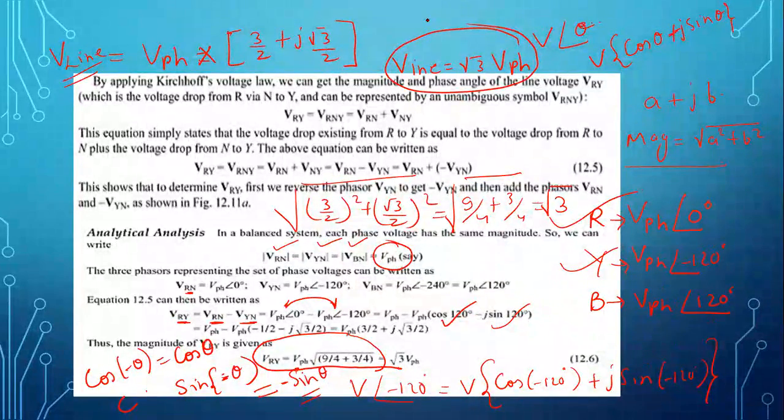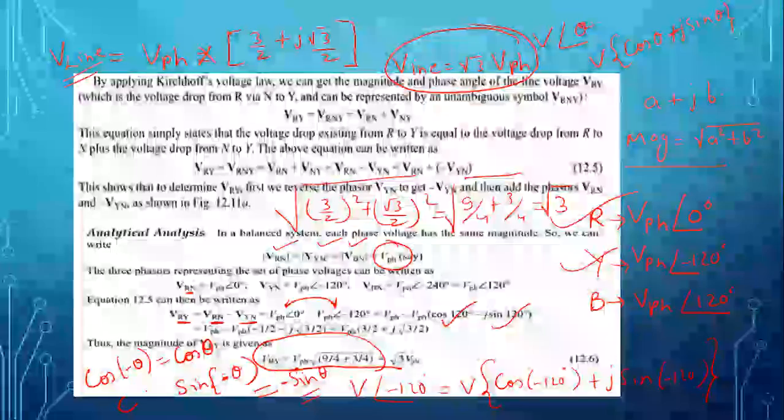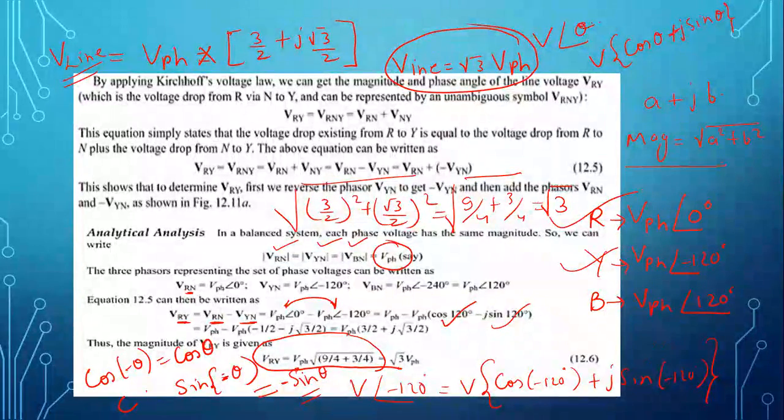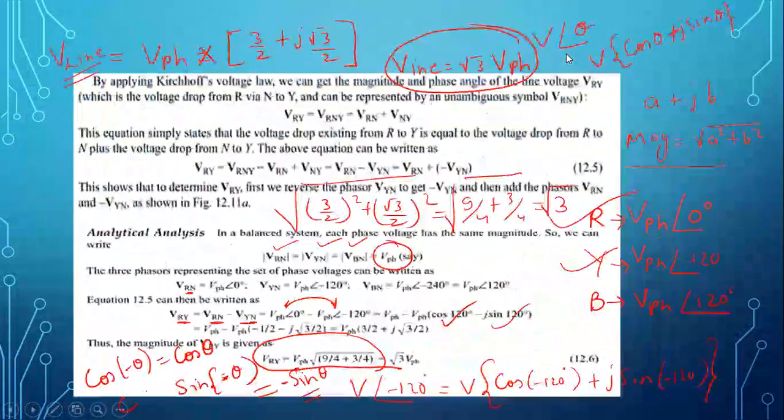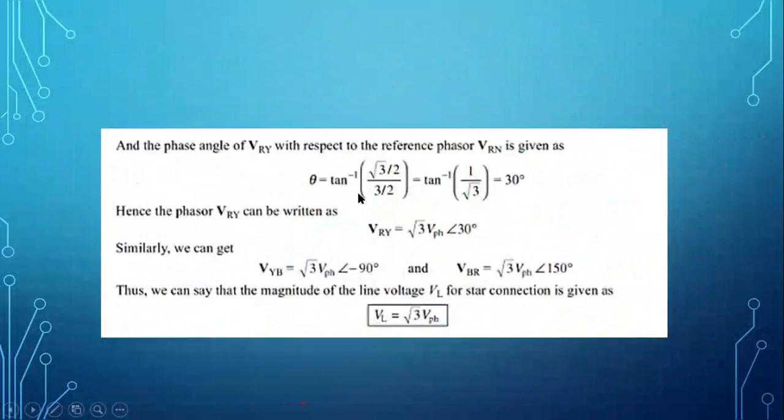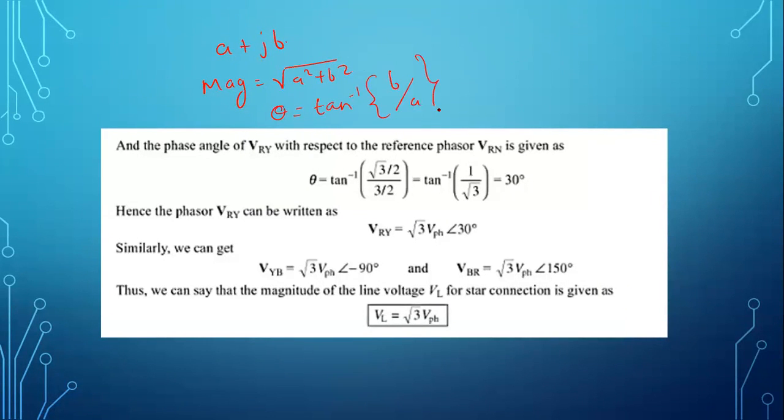So this was this part. Also you can remember this point: if this is A plus j times B, the magnitude is root of A square plus B square. And if I want to know the angle, it is tan inverse of the imaginary part upon the real part.